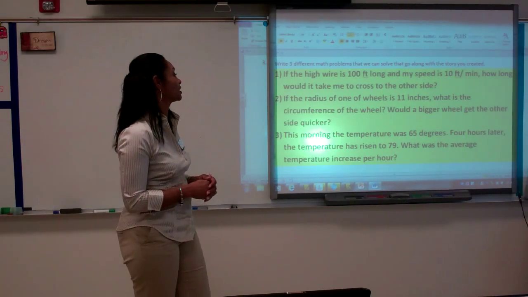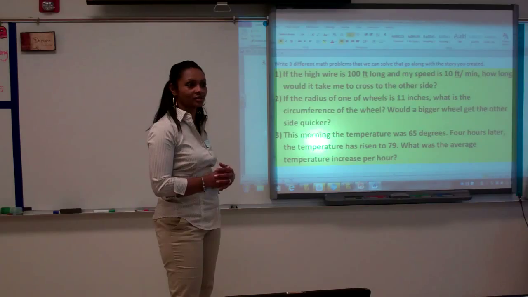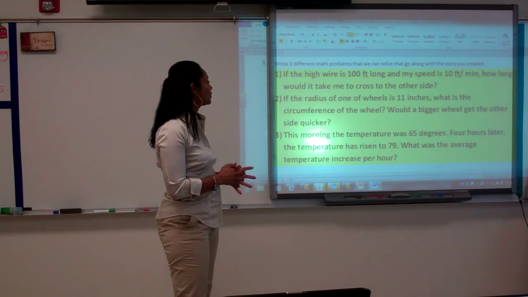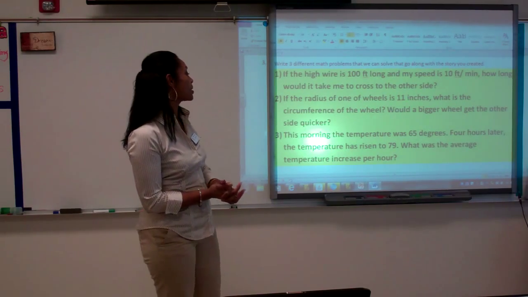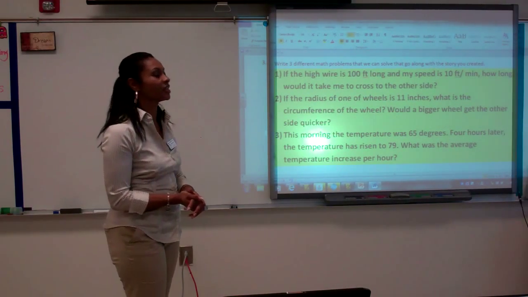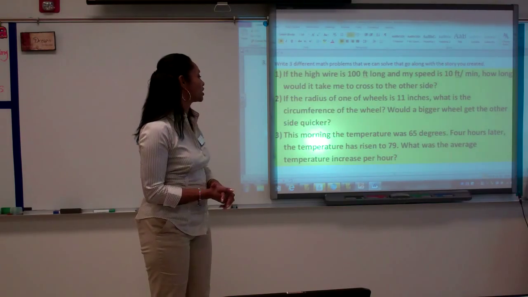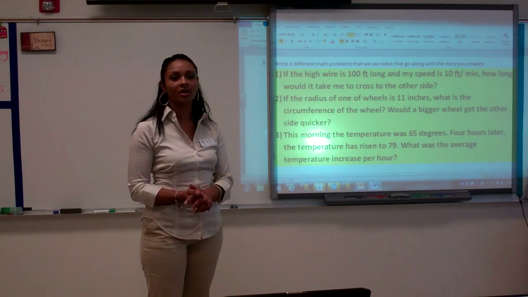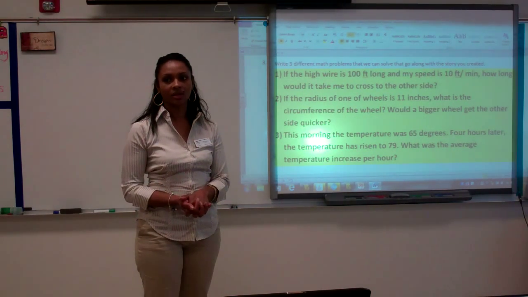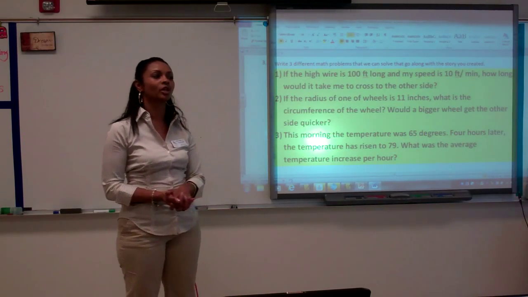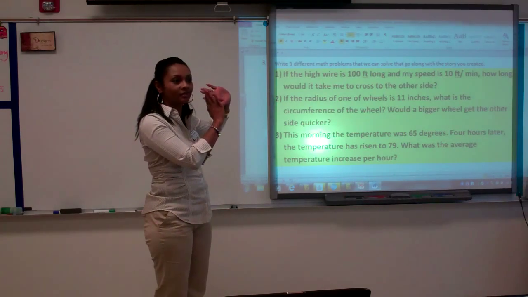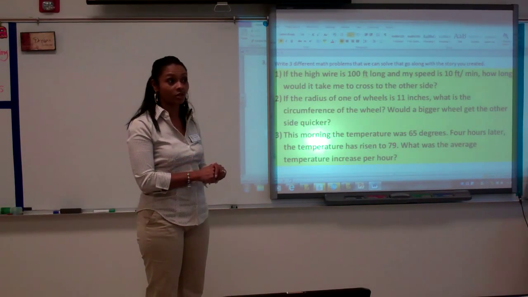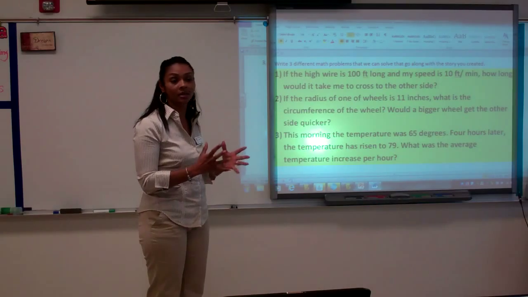Would a bigger wheel get to the other side quicker? And then third, this morning the temperature was 65 degrees. 4 hours later, the temperature has risen to 79. What was the average temperature increase per hour? All right, so these are the types of questions where you put it all together. But do you see how this is from the perspective of the bicycle person, or the man on the bike?